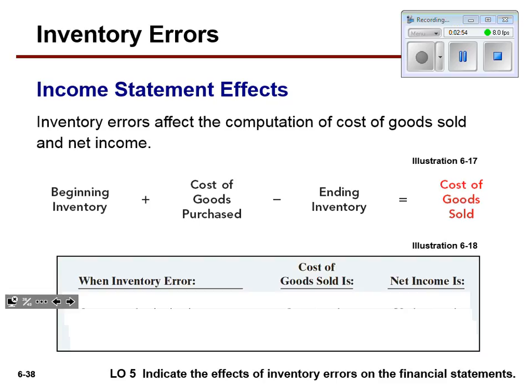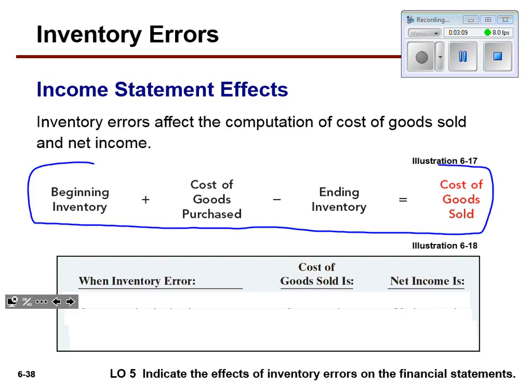Let's talk specifically about income statement stuff. Inventory errors affect the computation of cost of goods sold, and then of course will have an effect on net income, as I just mentioned. If you remember, this is that top portion, these are basically impacting revenue. I'm going to talk about a couple errors and how that affects cost of goods sold, which also affects net income. So write them in on your little handout as they pop up.